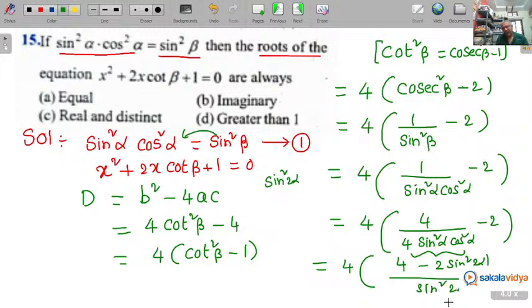If you observe one thing, sine square 2 alpha is always greater than 0. It lies between 0 to 1, which means it is positive, positive by positive. It is always greater than 0. So that means roots are real and distinct. C is the right option.